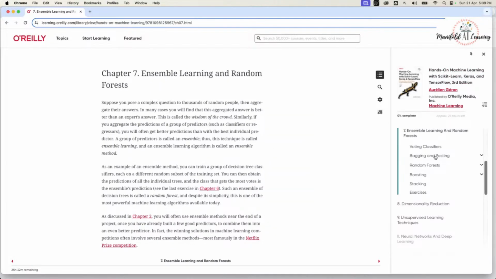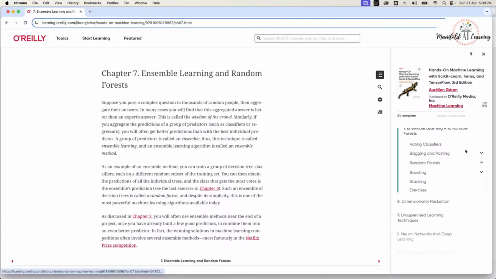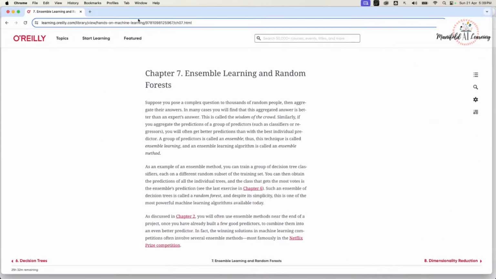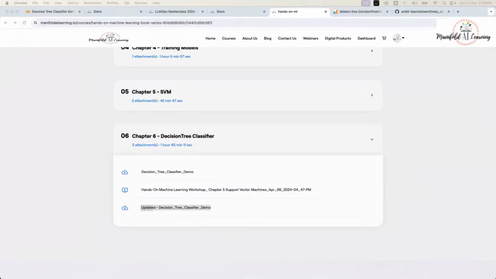If you look into this chapter, it talks about the various ensemble learning algorithms: voting classifier, bagging classifier, random forest, boosting, and stacking. But before we dive deep into those classifiers, it's very important that you understand the basics. What exactly is ensemble learning?